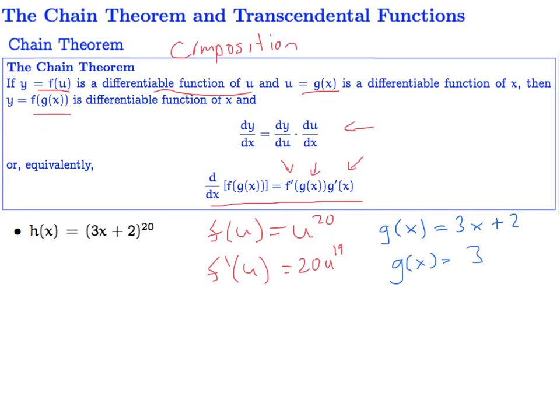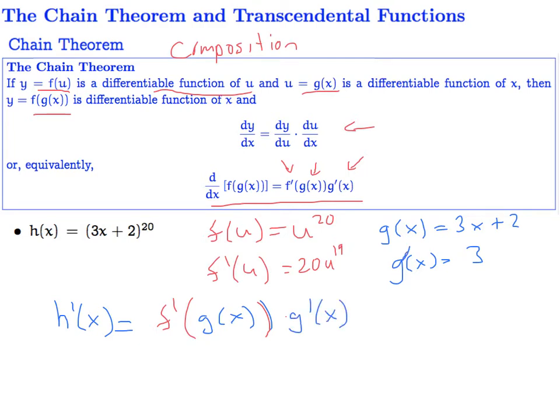So according to the rules, I can write that h prime of x will equal f prime of my g(x) function, and then I need to multiply this by the derivative, g prime of x.